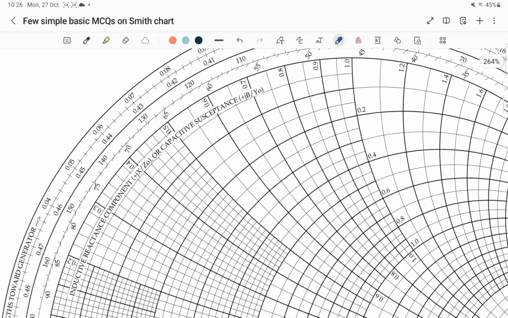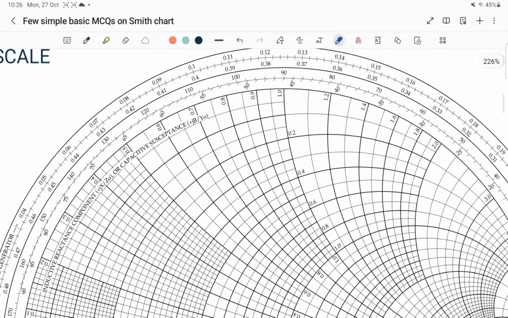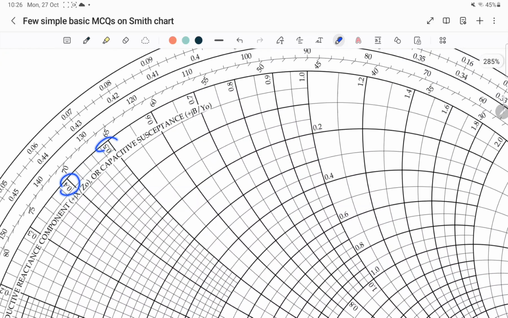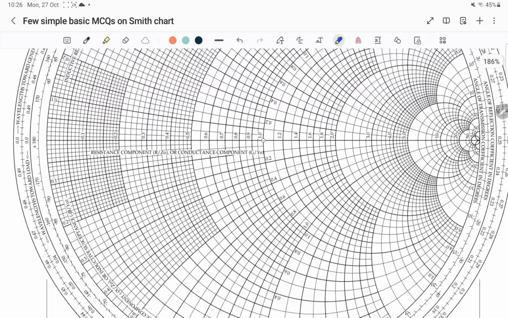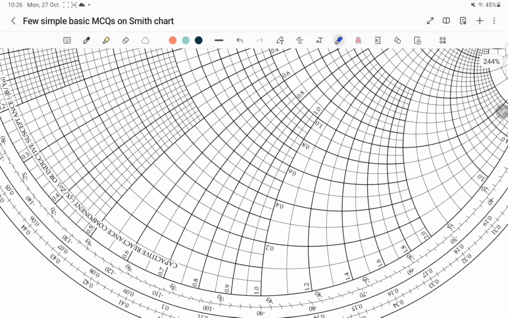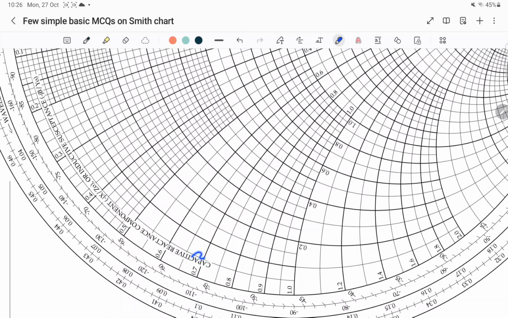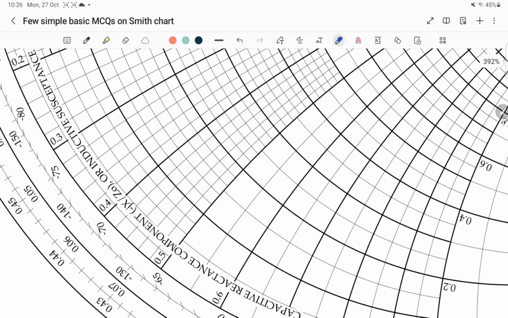These values are written all the way around this circle. Here also it is written 0.7, 0.6. But since this is the bottom half of the Smith chart, this value is minus jX over Z0, so this is minus j small x.